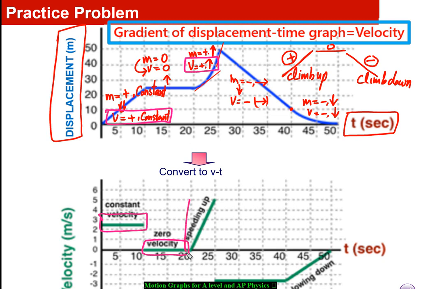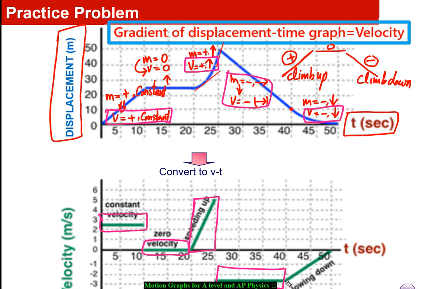In this part you can see velocity is positive and increasing. And here you can see velocity has to be negative and constant. Now here the velocity has to be negative and decreasing.